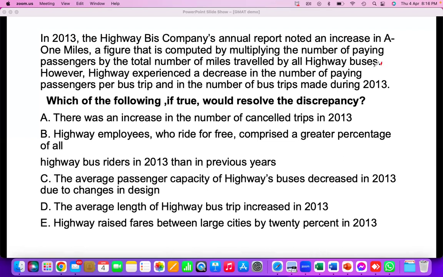The premise is the fact which is A1 miles increased, and that figure is found by multiplying the number of paying passengers by the number of miles. That's a given. And what is the conclusion?